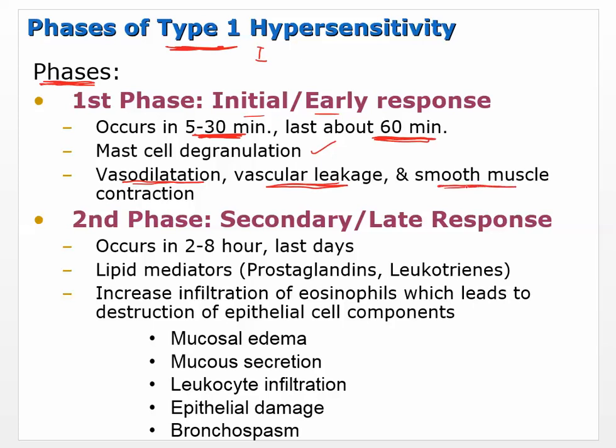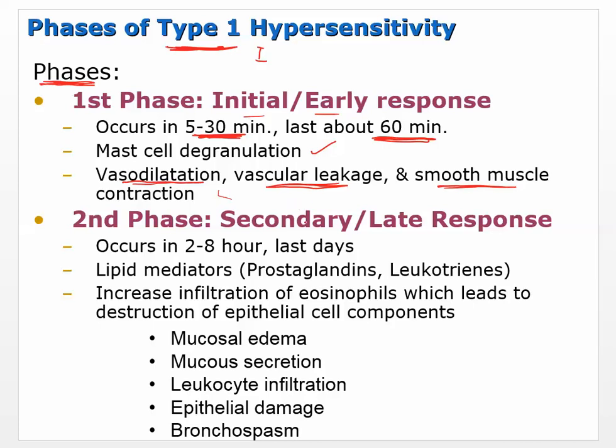Okay, so that sort of makes sense. But then after this histamine, so histamine is one of the primary causes of some of these things, goes away, and the histamine's not going to last very long, it trickles away.